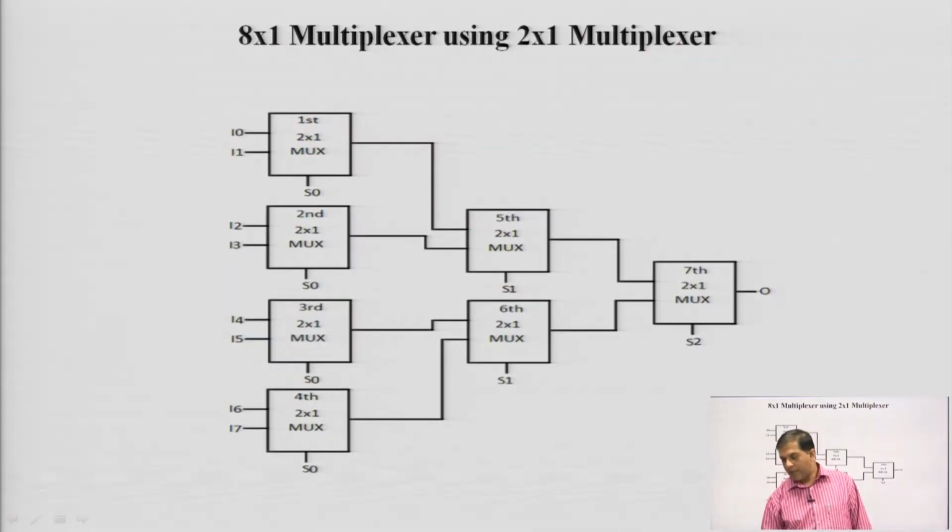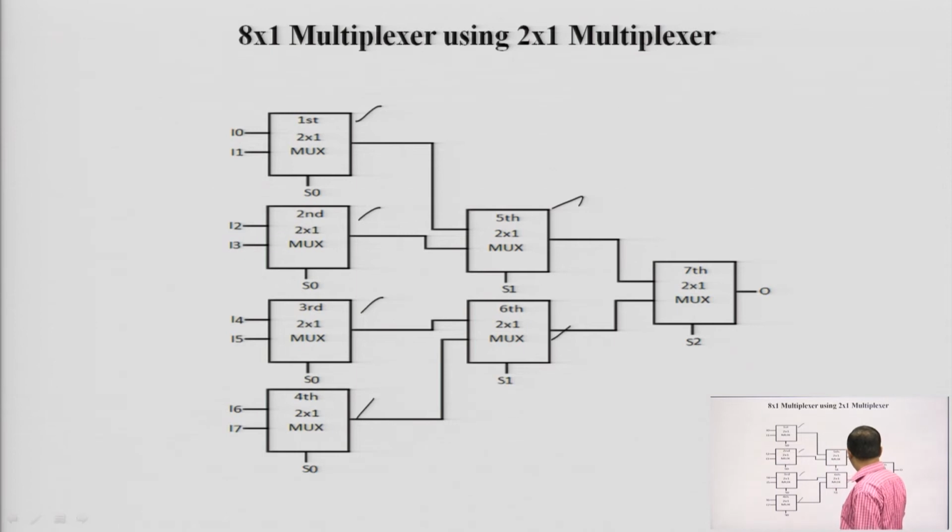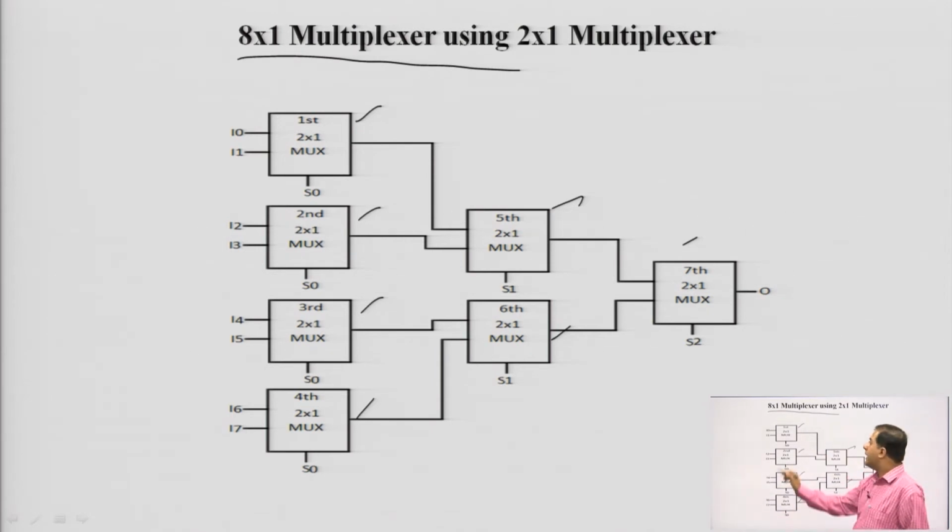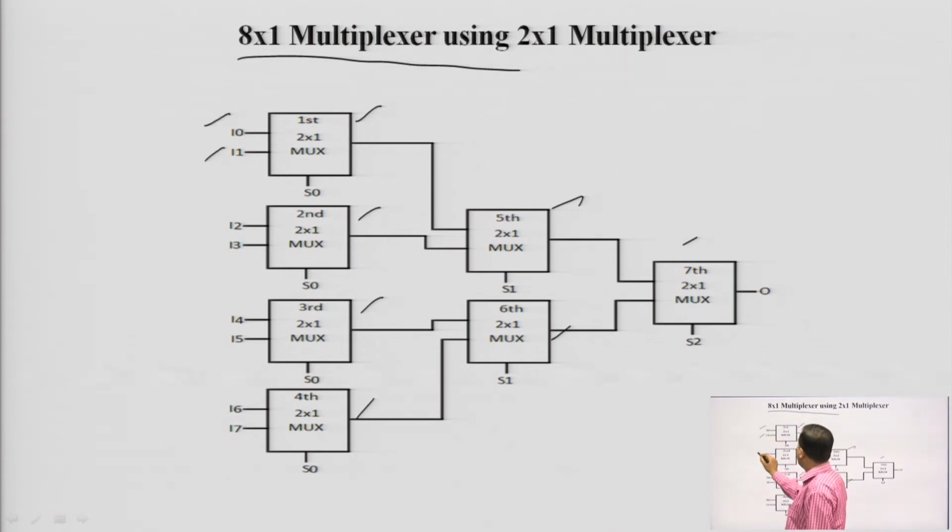Okay. Next, the same type of question: an 8 cross 1 multiplexer can be implemented using smaller 2 cross 1 multiplexers. 2 cross 1 has only 1 select line and 2 inputs. So, we need 7 of the 2 cross 1 multiplexers to implement an 8 cross 1 multiplexer, because we have to take 8 input lines: I 0, I 1, I 2, I 3, I 4, I 5, I 6, I 7.